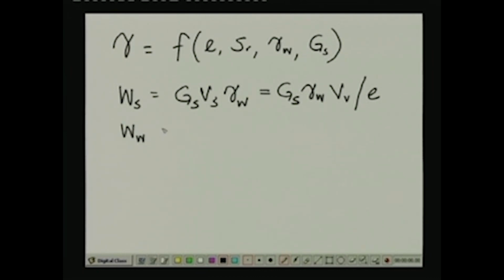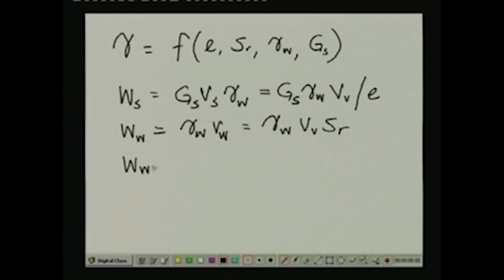Weight of the liquid phase, or weight of water, is going to be equal to the unit weight of water multiplied by the volume of the liquid phase. That is going to be equal to, again, gamma W multiplied by V_V multiplied by the saturation ratio. I want you to recall the definitions of the saturation ratio and void ratio that we discussed in the previous 2 slides.